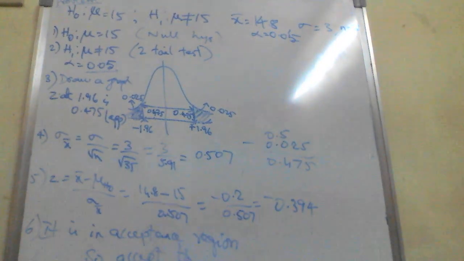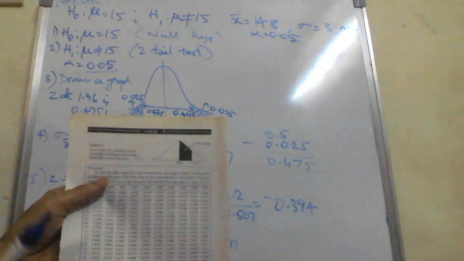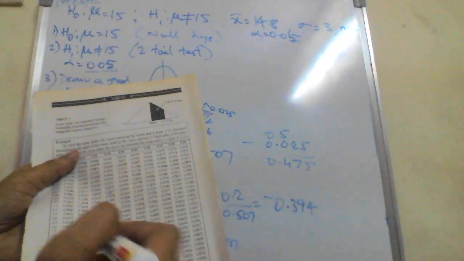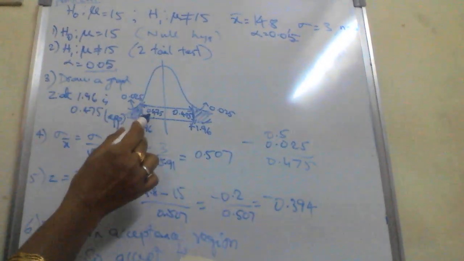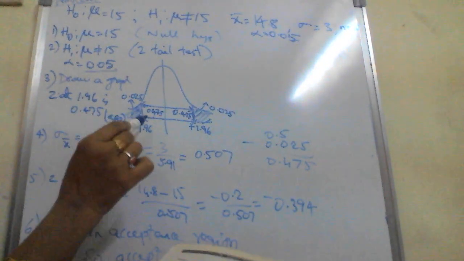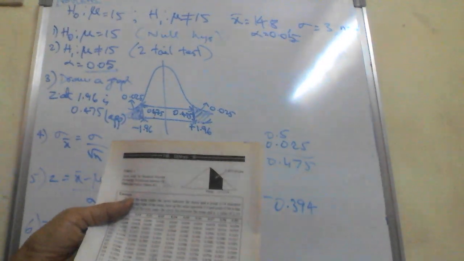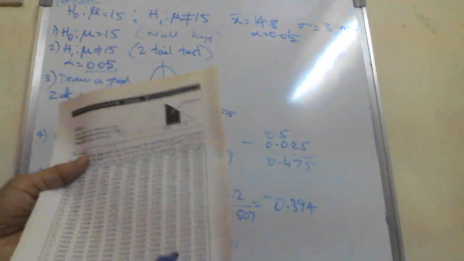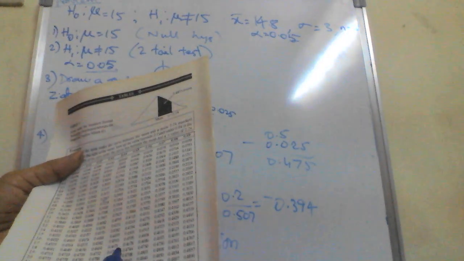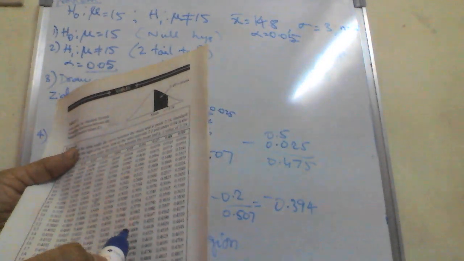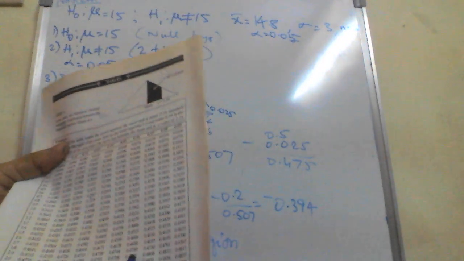So inside the table, check where you have this 0.475, approximately, if not exactly the nearest value to 0.475. Here I have it, 0.4750.